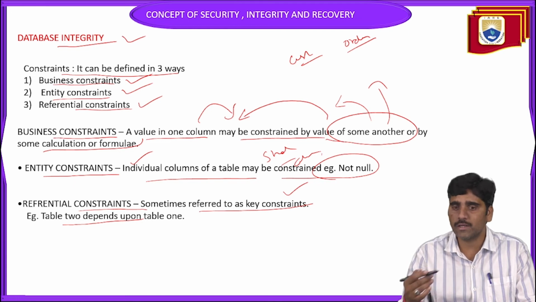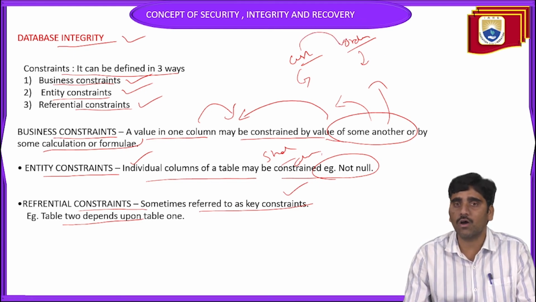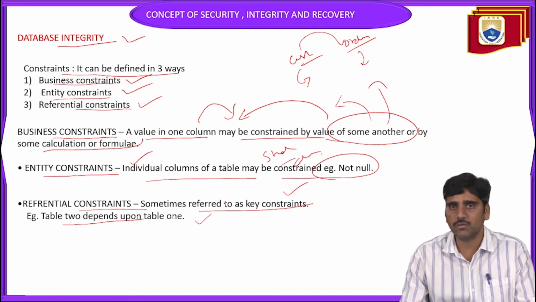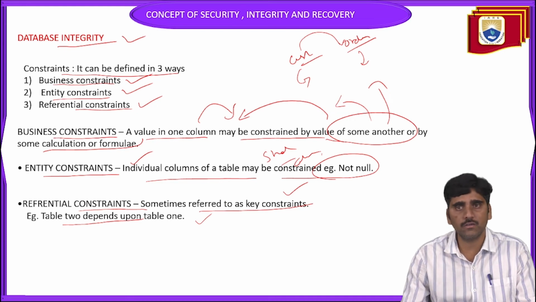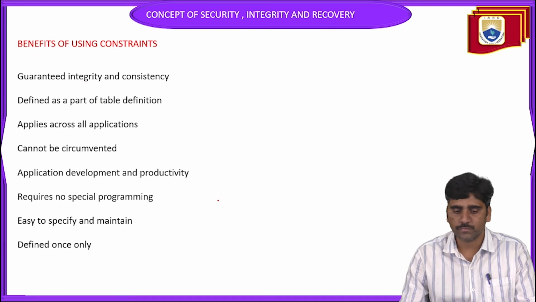If you want to display the result for the customer table or order table, one table's result depends upon the other table. Those two columns have a key relationship between the two tables. That is referential constraints.